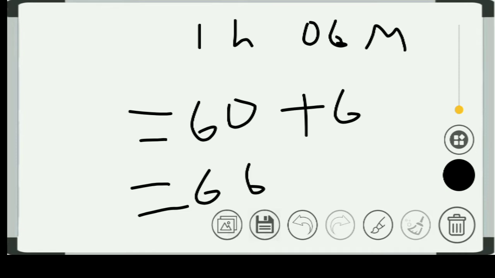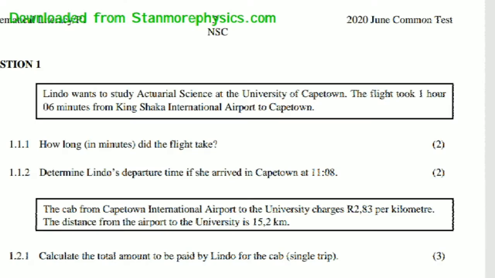So we are going to another question, which is 1.1.2. Determine Lindo's departure time if she arrived in Cape Town at 11:08.